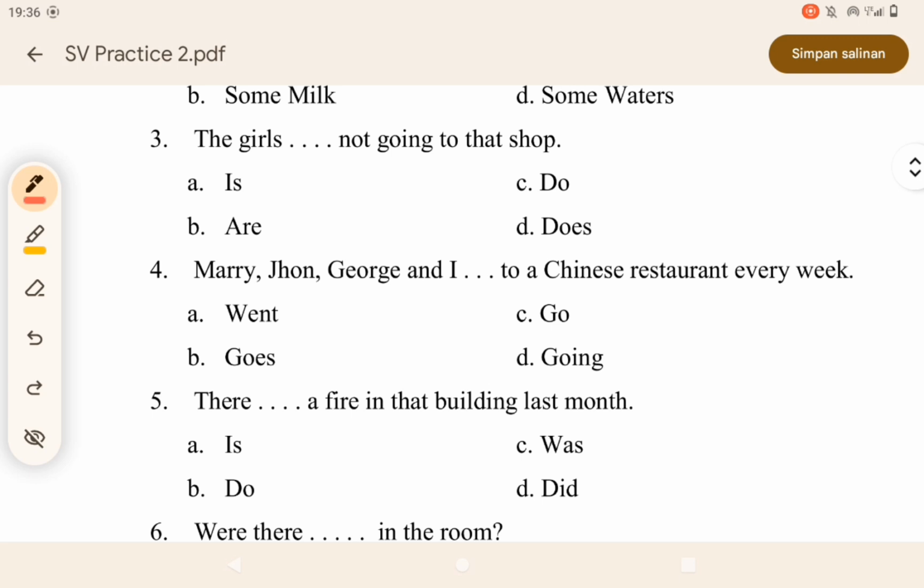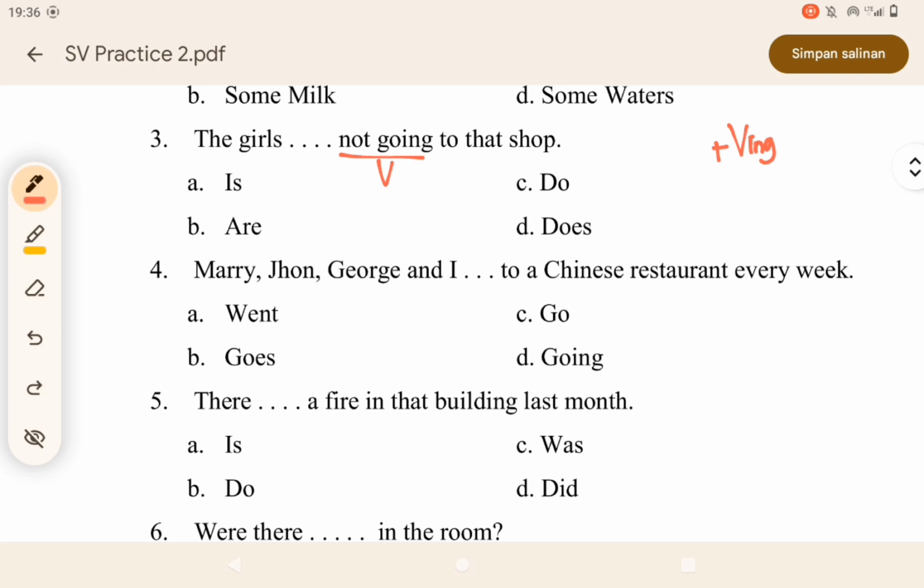Number three, let's take a look at number three. Okay, let's see. We can see that there is the word going here, which seems to be the verb. But remember, verb ing, okay, or the continuous form, it cannot stand alone because we have to add the auxiliary here.